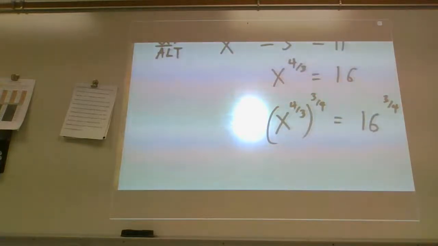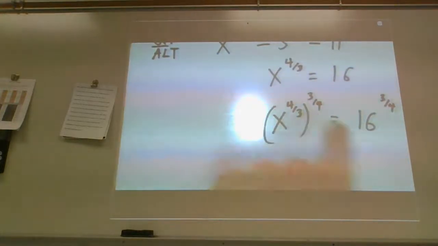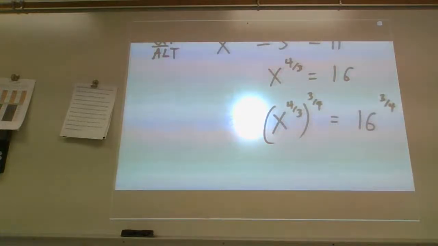According to our exponent properties, whenever I do power of a power, I am supposed to multiply those two exponents together. And when I multiply those two exponents together, oh man, they're reciprocals of each other. Being that they are reciprocals of each other, they will cancel each other out.